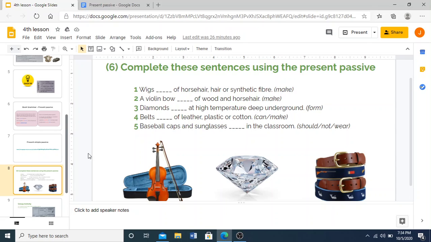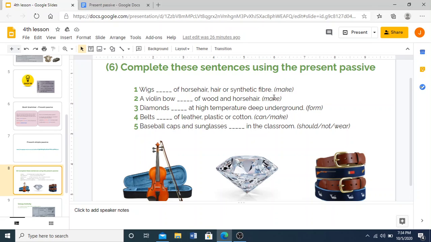Okay. So, what is the correct answer here? Wigs are made. Wigs are made of horsehair, hair, or synthetic fiber. So, this is for number one. Wigs are made. Because of the plural, you use "are". The present form of the be is "are". So wigs are made and the past participle of make is made.